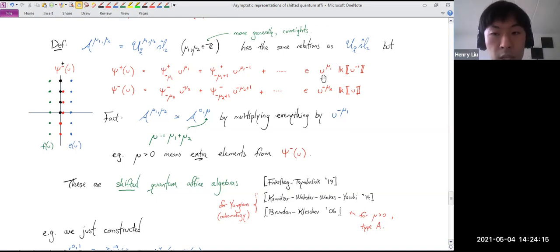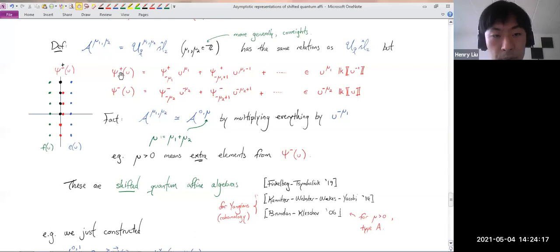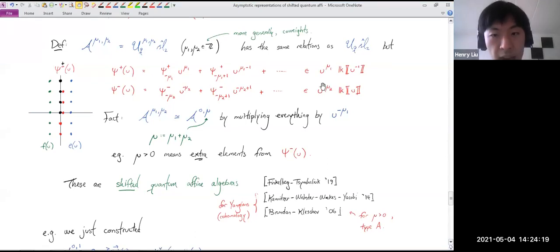They specify for you how much you shift psi plus and how much you shift psi minus. So if mu1 is positive, that means you have extra coefficients in psi. Psi will start at some negative part.